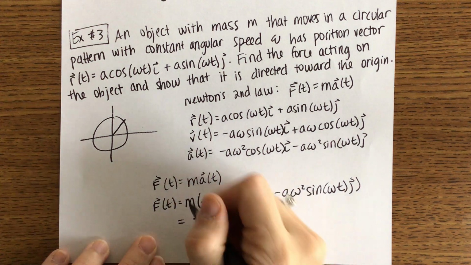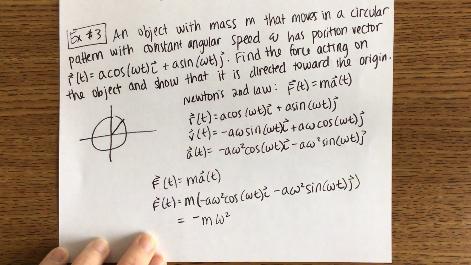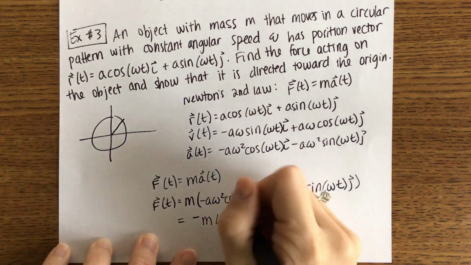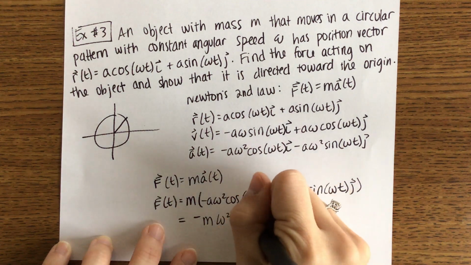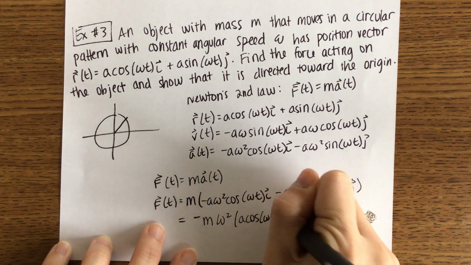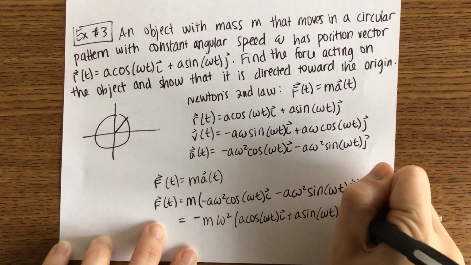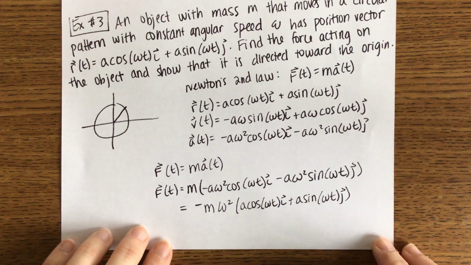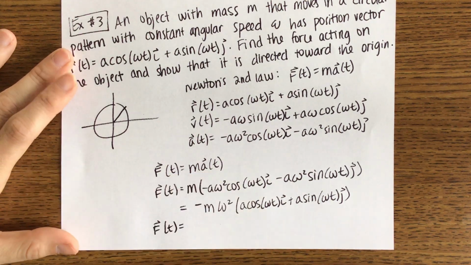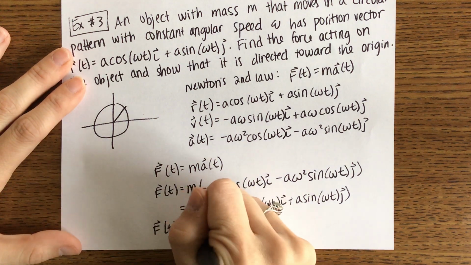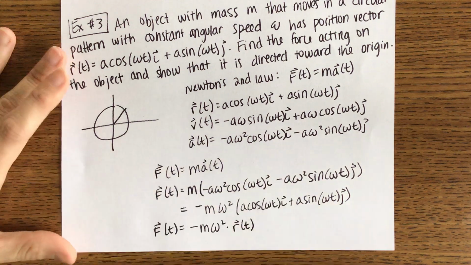I have that m, and I'm going to factor out an omega squared. The reason I'm going to do that is that then leaves me with a cosine of omega t i plus a sine of omega t times j. So what we get then is our force vector is negative m omega squared all multiplied by our position function.